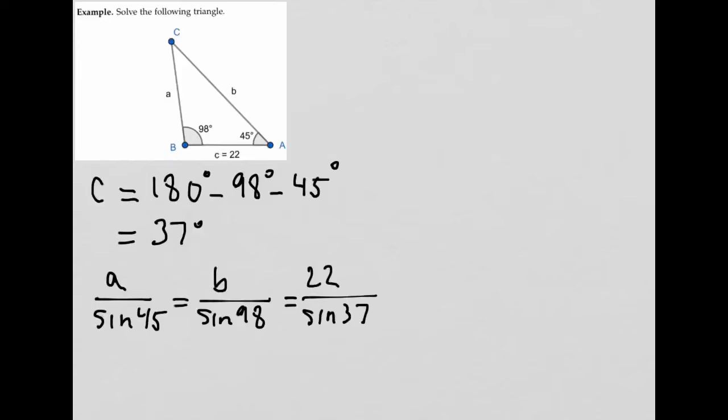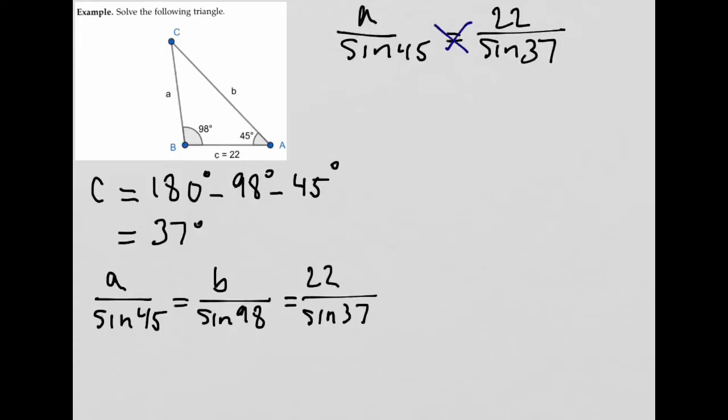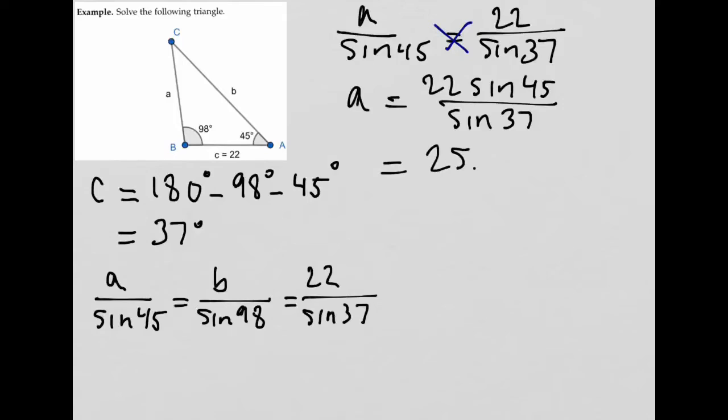If we look at the ratios, a over sine 45 equals 22 over sine 37. We can cross multiply and solve for a: 22 sine 45 degrees divided by sine 37 degrees. Make sure your calculator is set in degrees, and when you do this computation, the answer will be roughly 25.85.